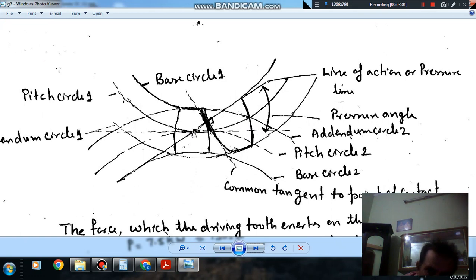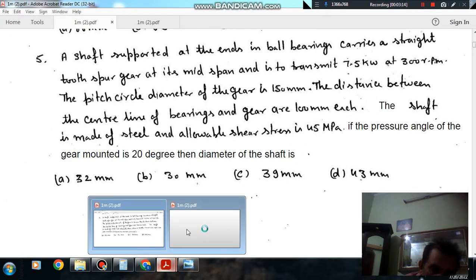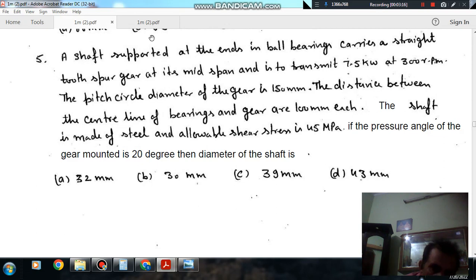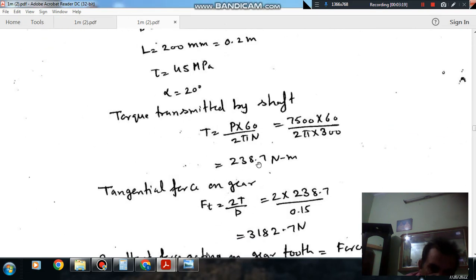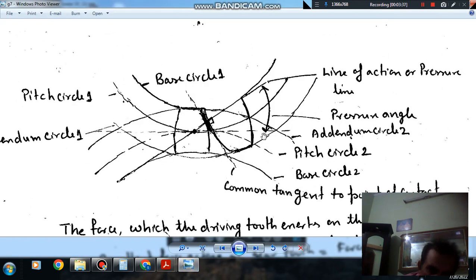If we multiply this force with the radius of the gear, it is the torque transmitted that we have calculated, 238.7 Newton meter. So the torque will be equal to the force along the common tangent multiplied by pitch circle radius, or Ft into d by 2 equals T. Now Ft will be the force transmitted along this common tangent.